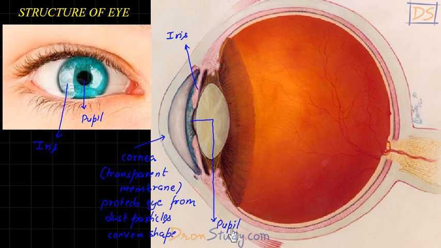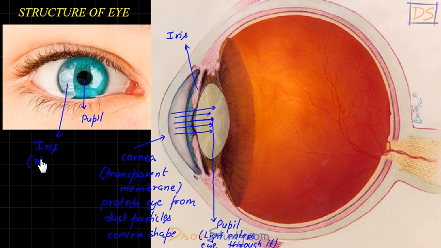Students, as we will see later in this chapter, light enters our eyes, and that is through this pupil only. Right, students? So light will come inside our eye through this pupil. So we can write this down here in short, that light enters eye through pupil, basically.